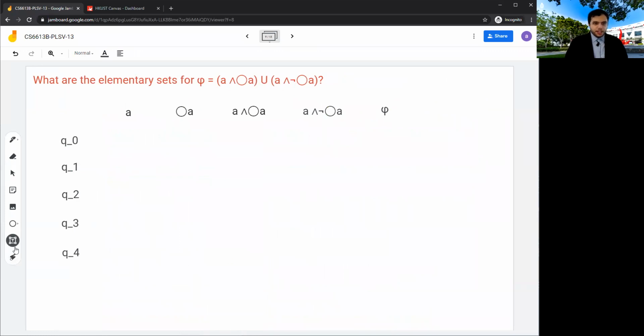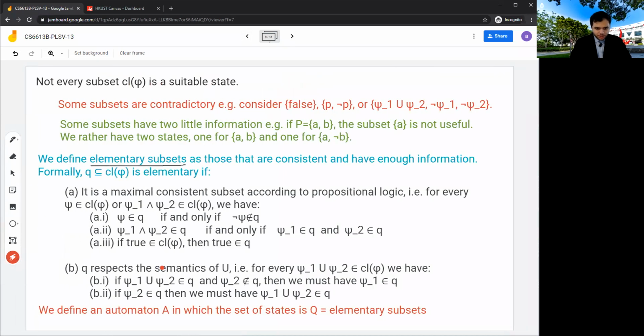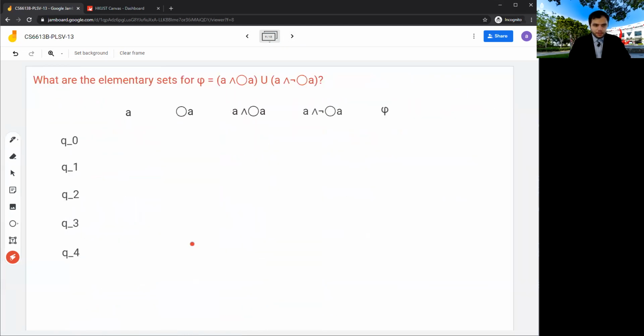So let's do an example of this. Let's actually try to build the elementary subsets for our favorite formula phi, this one. So I'm just writing the sub-formulas, right? And I'm not writing their negations because, by this rule, if I put a formula in my subset, I will not put its negation in my subset, right?